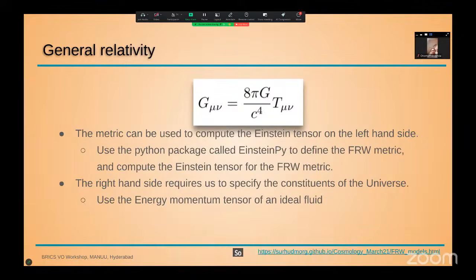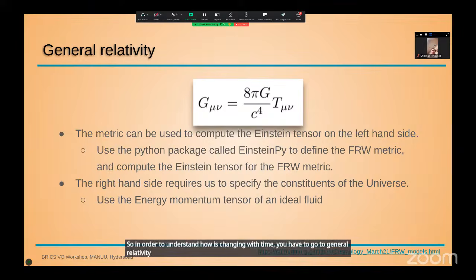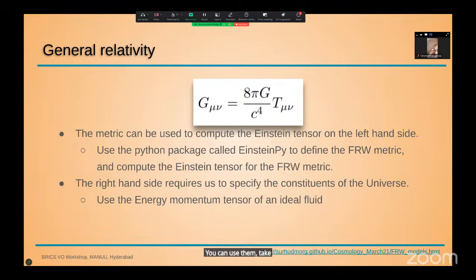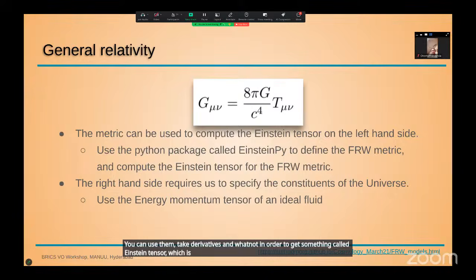So in order to understand how A is changing with time, you have to go to general relativity. And this is the equation of general relativity. You have to take these metric coefficients of this dl square, all the things that we have written, and take derivatives in order to get something called the Einstein tensor, which is on the left hand side here.